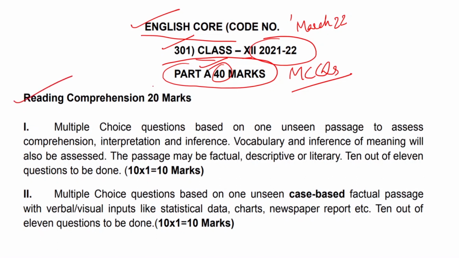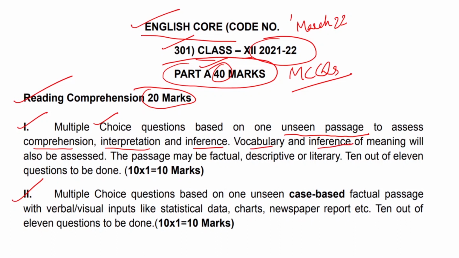First question, reading comprehension. Reading comprehension is for 20 marks. There are two reading passages that you have to answer. Multiple choice questions based on one unseen passage to assess comprehension, interpretation, and inference.